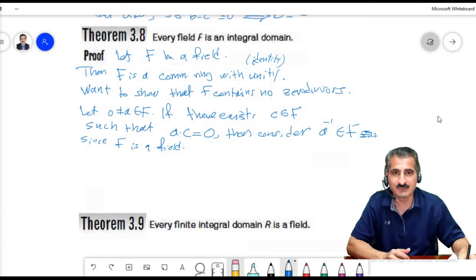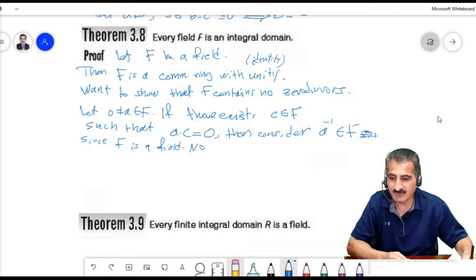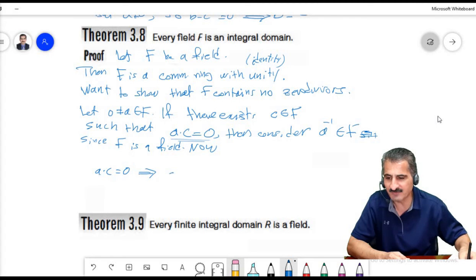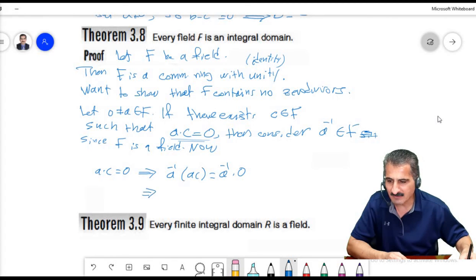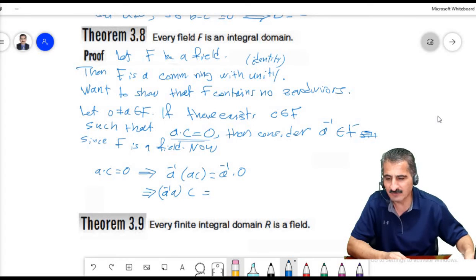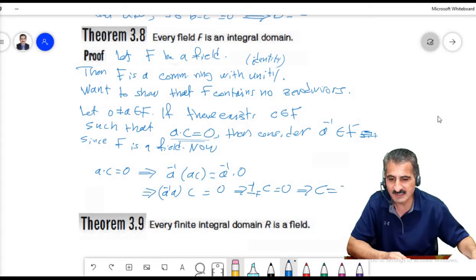So the inverse is in there. Now we multiply both sides by A inverse. So I get A inverse times AC equals A inverse times 0. Using associativity, and since any element times 0 is 0, we get the identity of F times C equals 0, and that gives C is 0.